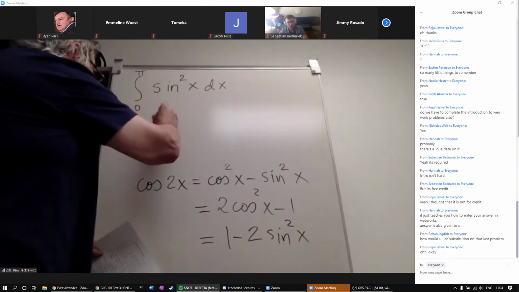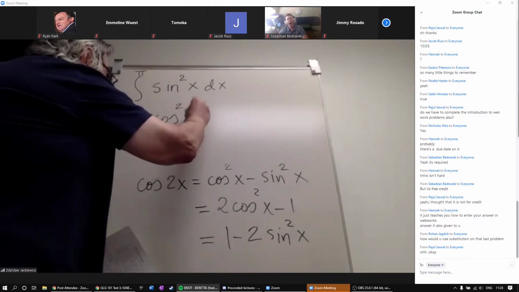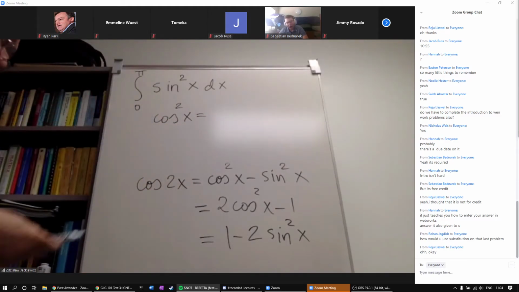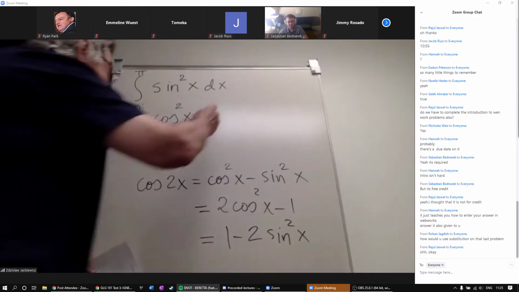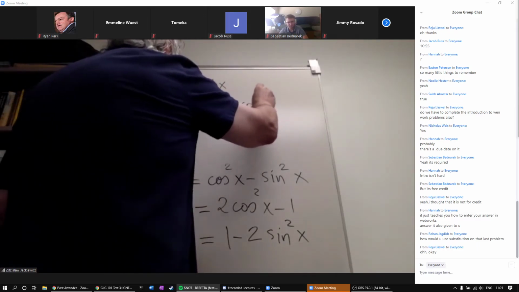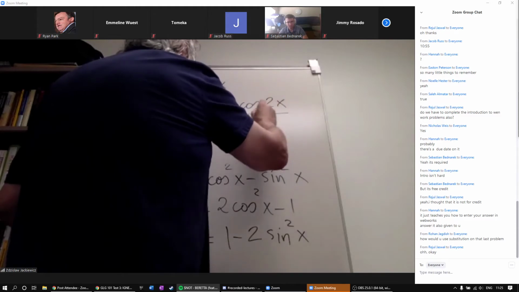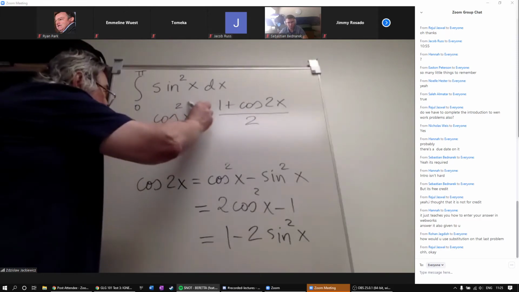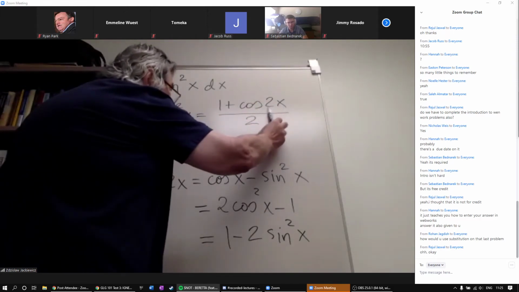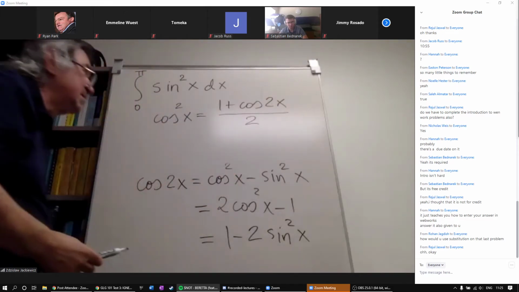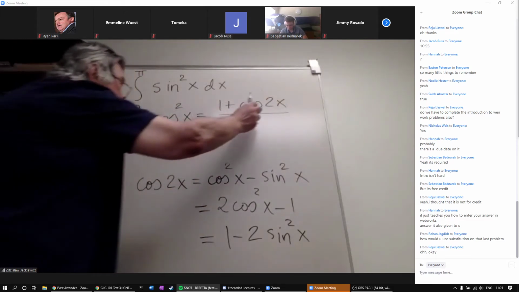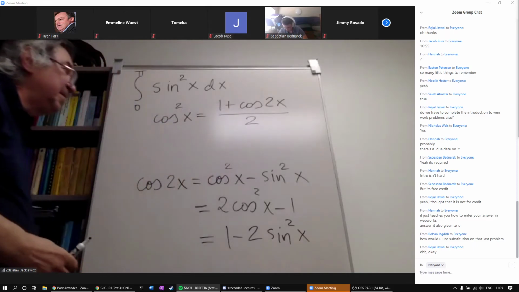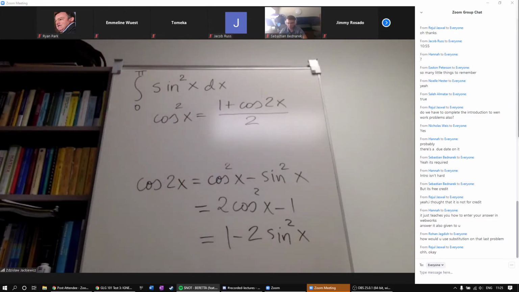So cosine squared x is 1 plus cosine 2x over 2. And of course, this is called the power reduction formula because you have power 2 here, and you have double angle, but you have power 1. So power 2, power 1. So this is called the power reduction formula.